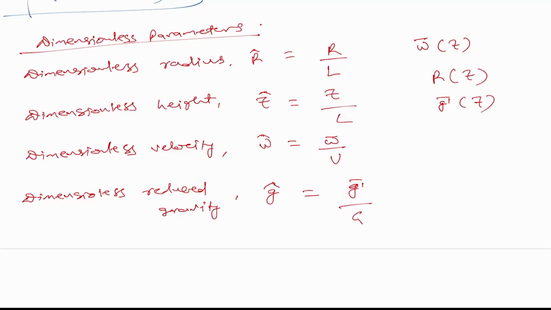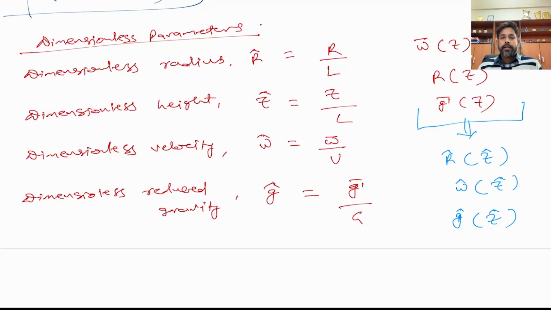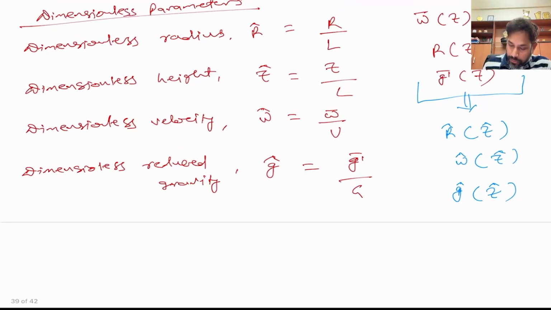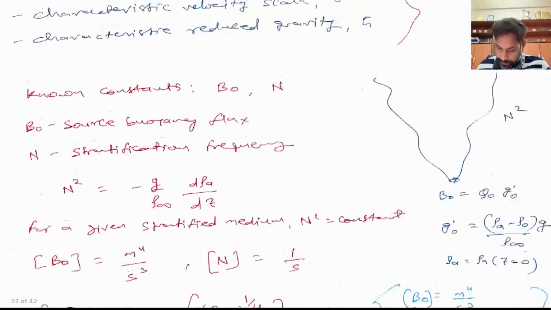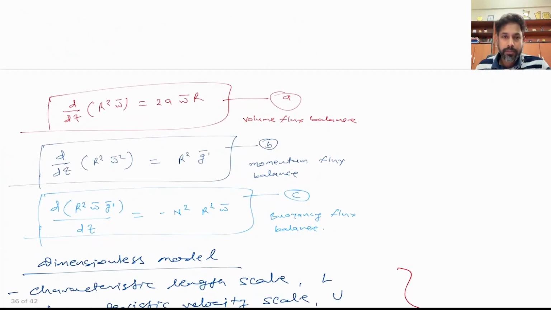That is why R hat should be a function of z hat, w hat a function of z hat, and g hat a function of z hat. What we have done so far is convert the dimensional parameters into non-dimensional parameters. In the next step, we will replace the dimensional equations with non-dimensional equations.